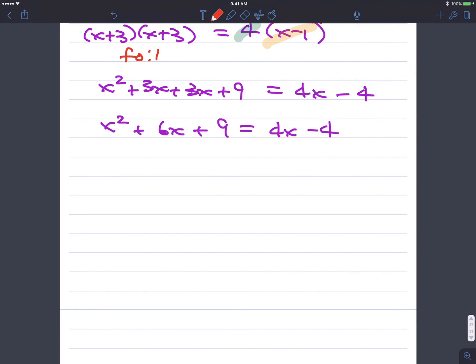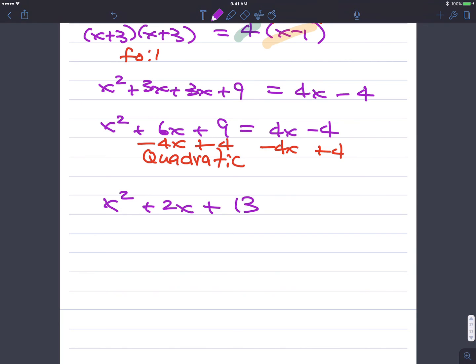We have a nice quadratic, well, sort of. We're going to have to set this equal to 0 on one side and solve for x. We can do that by subtracting 4x from both sides and adding 4 to both sides. So we end up with x squared plus 2x plus 13 is 0.